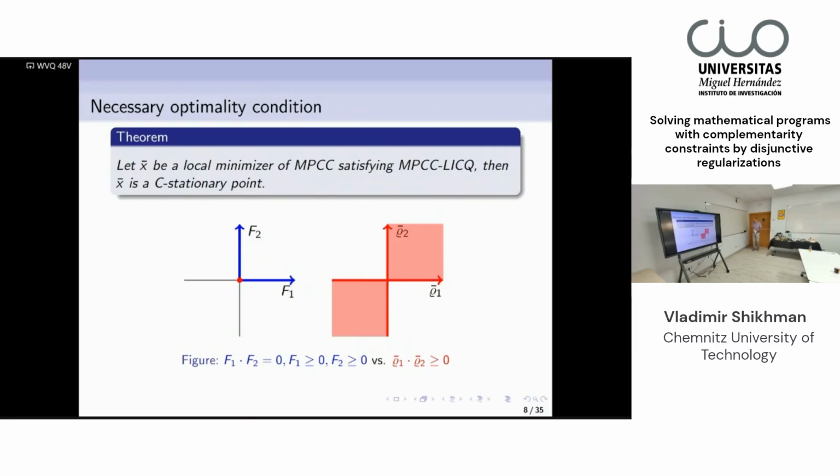Why did they do it? Why do they call it C-stationary? That's not very important, but interesting to know, because this feasible set you can write as min of x, y equal to 0.